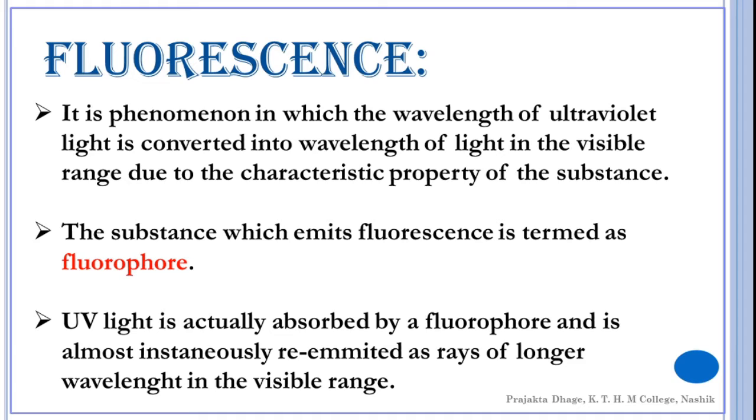Third one is induced fluorescence. Certain substances are non-fluorescent themselves, but when treated with some chemicals, they change into fluorescent material. The fluorescence obtained in such a way is called induced fluorescence.